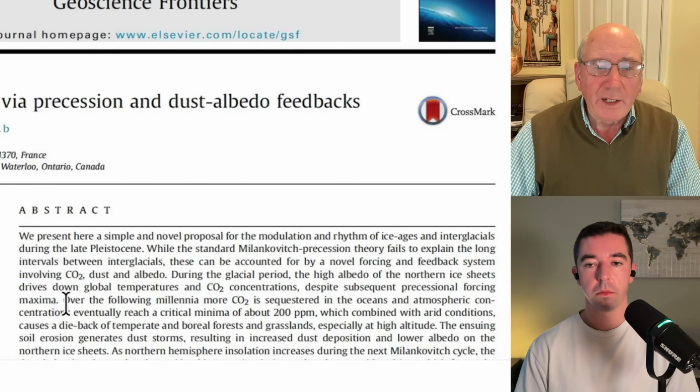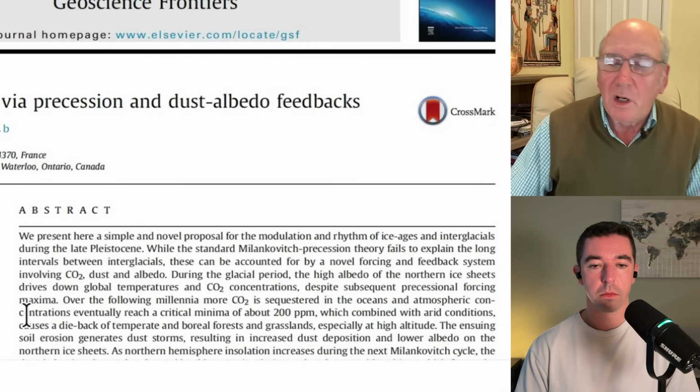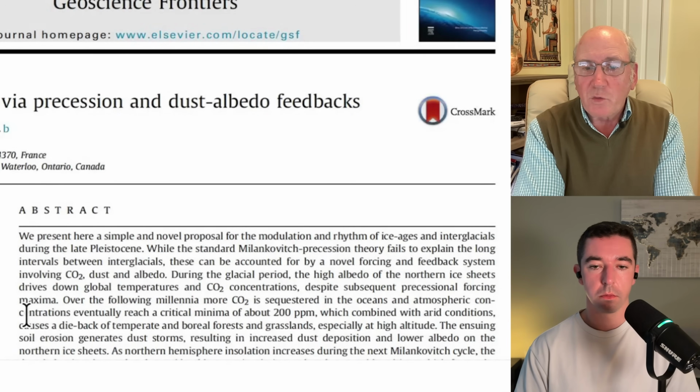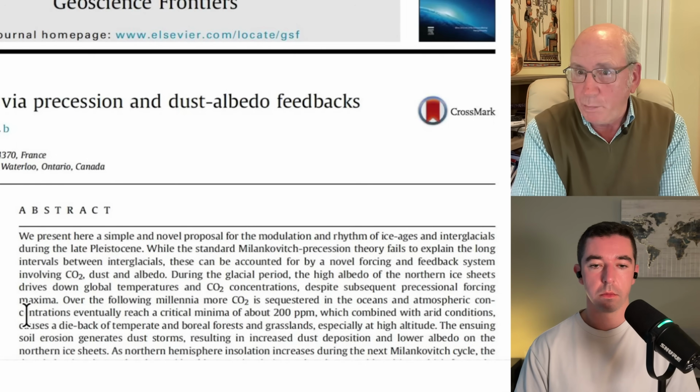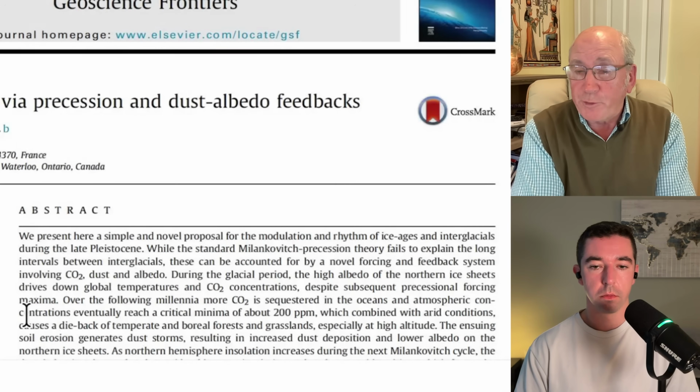Over the following millennia, more CO2 is sequestered in the oceans, and atmospheric concentrations eventually reach a critical minima of about 200 parts per million, which, combined with arid conditions, causes a dieback of temperate and boreal forests and grasslands, because CO2 is plant food. It's the most essential gas in the atmosphere.